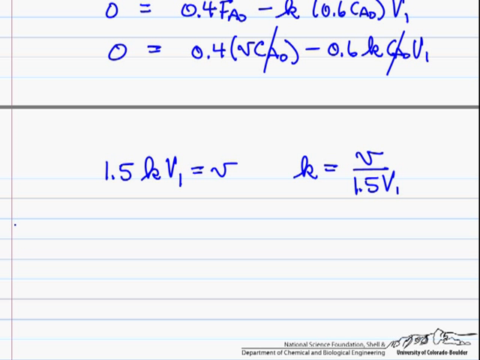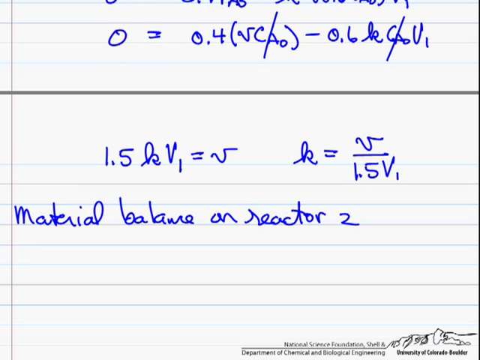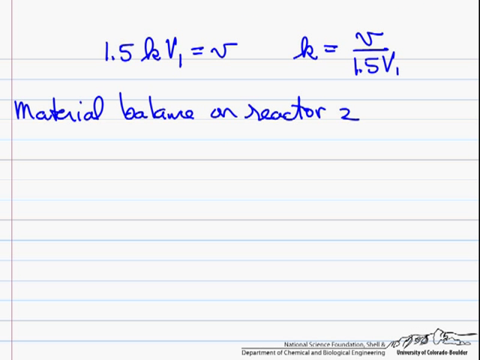Now we do the same type of balance, steady state, but on reactor 2. Same ideas, the difference being now the inlet into reactor 2 is not FA0, but the outlet from reactor 1. So that's the inlet. 80% conversion, that's the outlet.